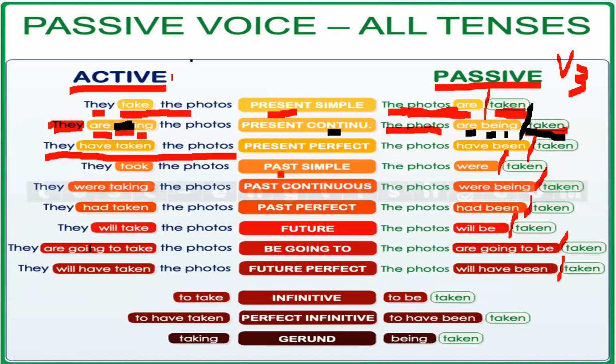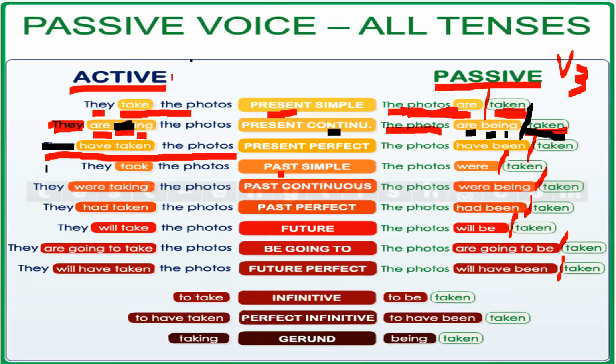Okay, and what are the steps to change this active voice sentence to a passive one? Sir, actually, the object comes first. The object will come first. They, in the original sentence, will be replaced by the photos.